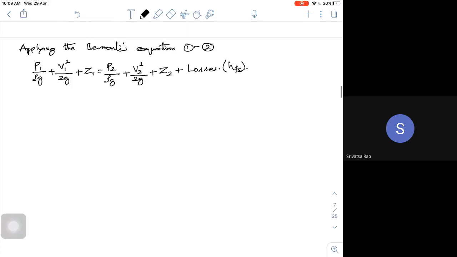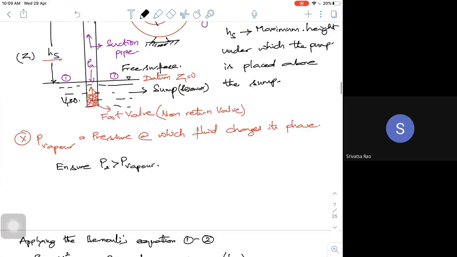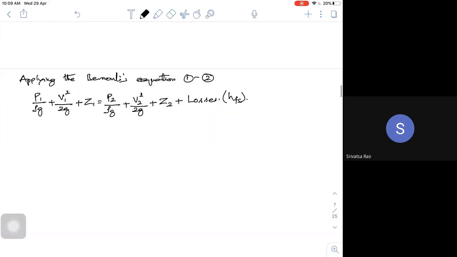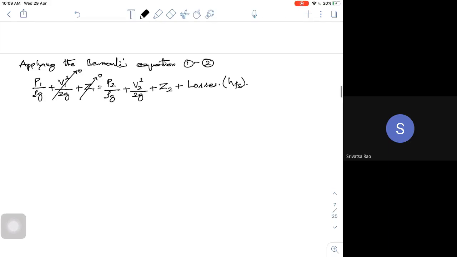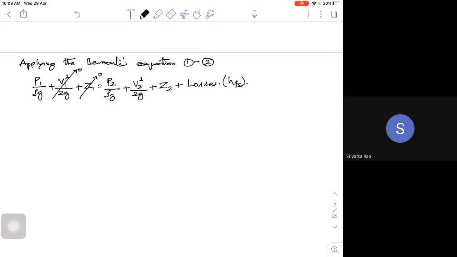Now, if you look at point 1, 1, what will be the velocity? The fluid is stationary, so the velocity V1 should be 0, and Z1, that is the datum, also will be 0. So I can cancel these two. V1 is 0 and Z1 is 0. What am I left with? P1. What is my P1? Your P1 is your P atmospheric.